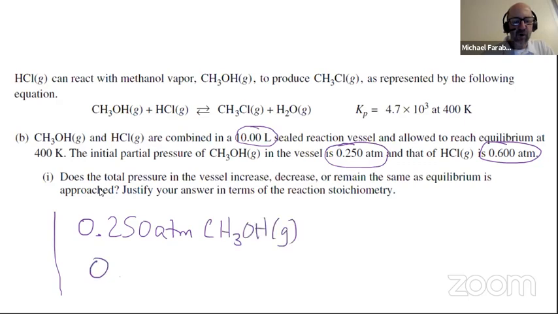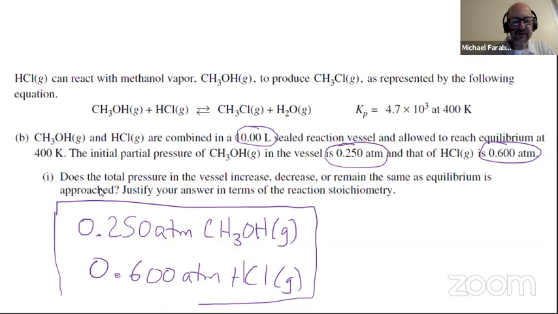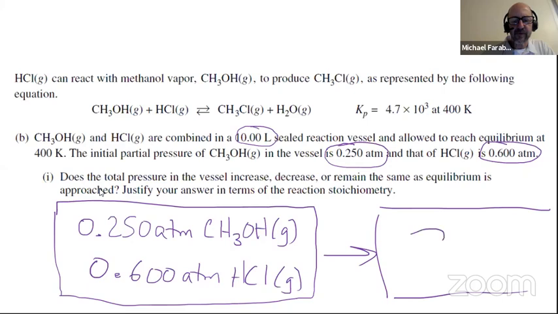And then we have 0.600 atmospheres for the HCl gas. And again, this is all inside our reaction vessel. Does the total pressure increase, decrease, or remain the same as equilibrium is approached?